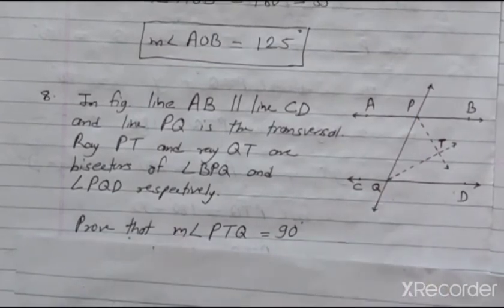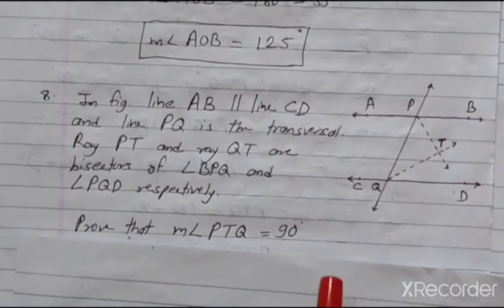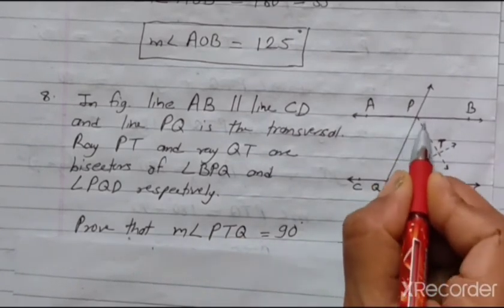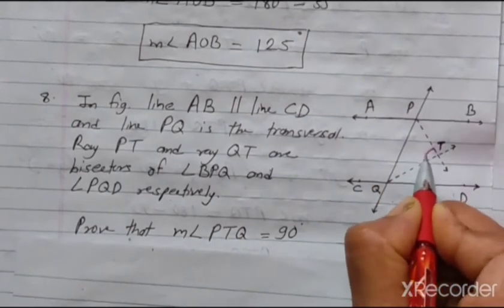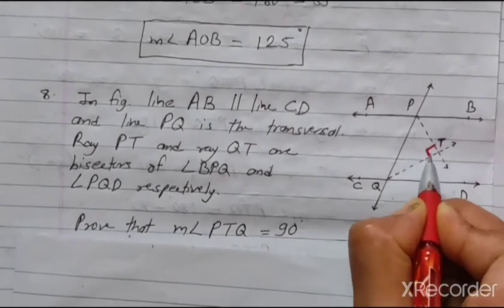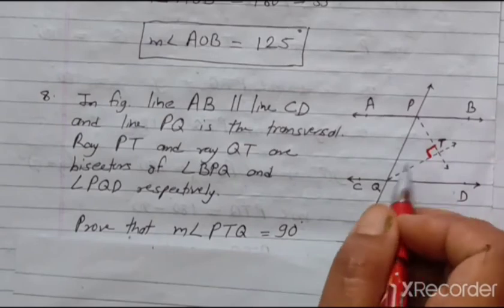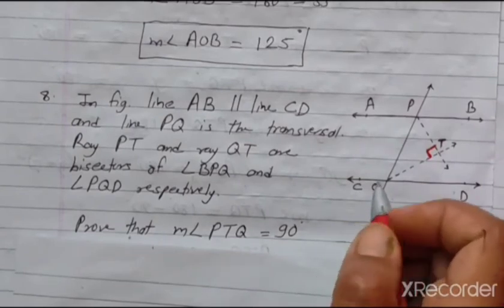Here we have to prove that angle PTQ is 90 degree. This is our target. Here we have to prove this small triangle PTQ is a right angle triangle.